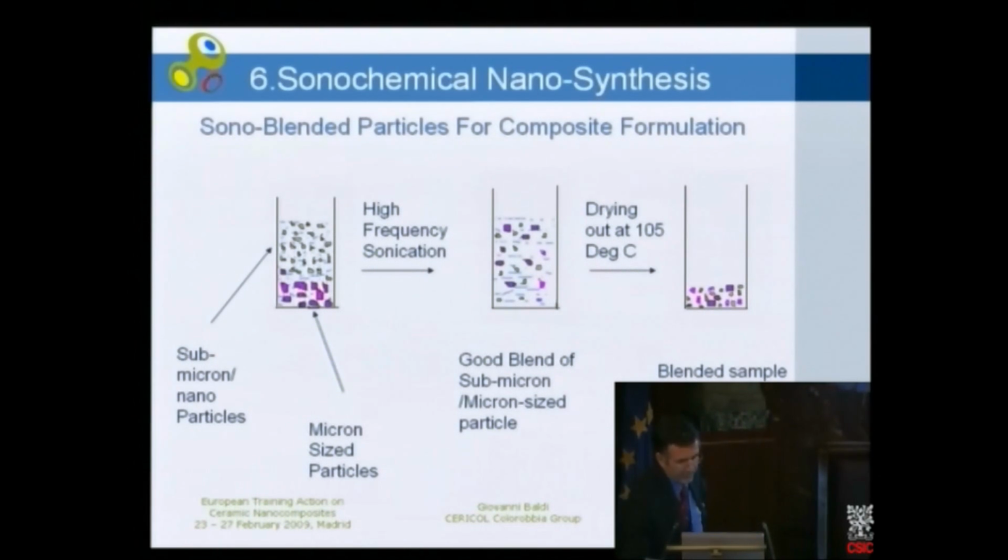We can also perform blending between particles for composite formulation, in which case a submicron, micron-sized blend can be obtained by a sonoprocess stage.